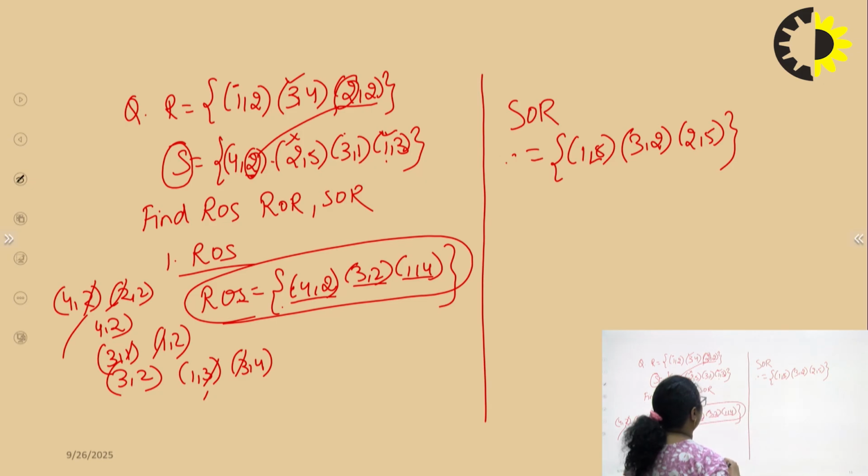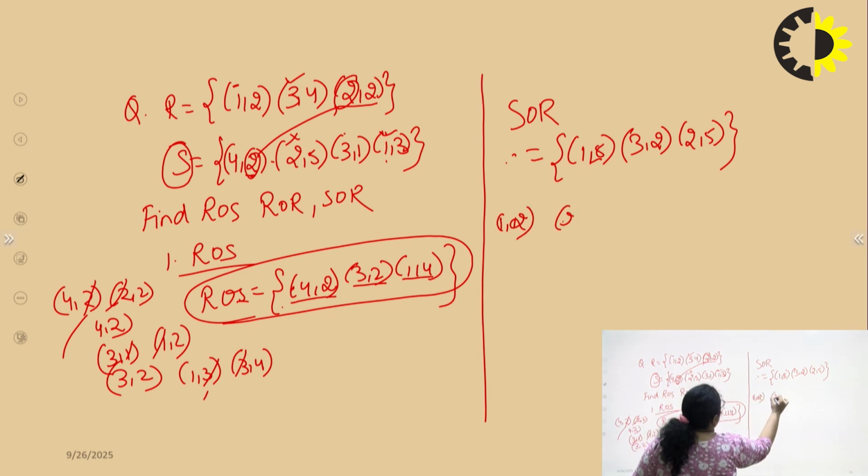So how does it come? Again we will be taking R as the first term, because the last term will be taken as first and S will be the second term. So (1, 2). Any relation starting with 2 in S? Yes. So we have (1, 2) and (2, 5). So cancel 2, (1, 5).